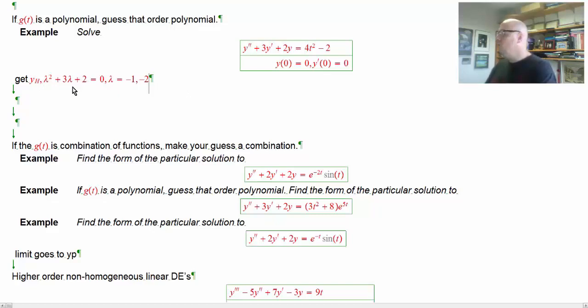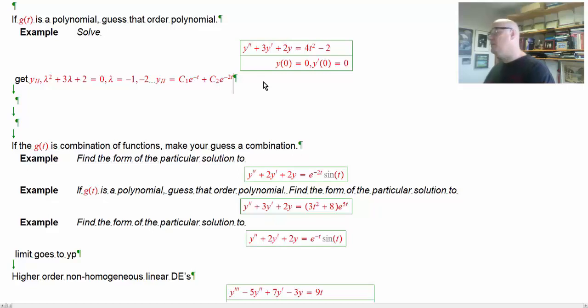So our homogeneous solution is a linear combination of our two solutions: some constant times e to the first eigenvalue t plus some constant times e to the second eigenvalue t. So I've got my homogeneous solution.